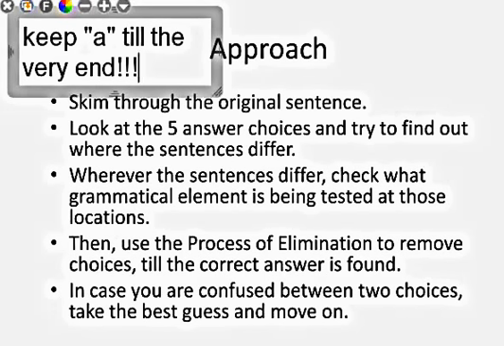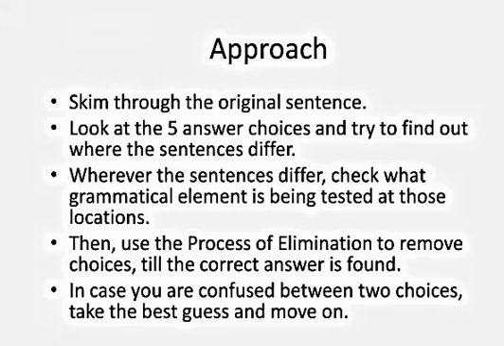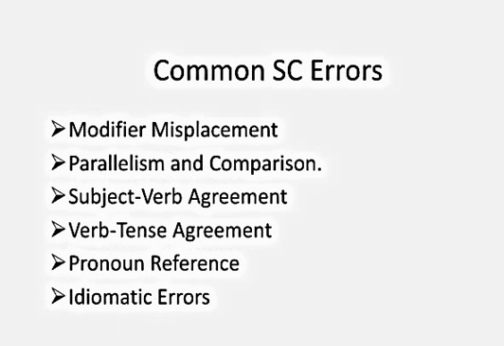This is the best thing that you can do on a sentence correction question, keep the A till the very end. And if you're confused, try to eliminate your confusion. But even then, if you cannot reach an answer, choose the best. Take the best guess and move on.